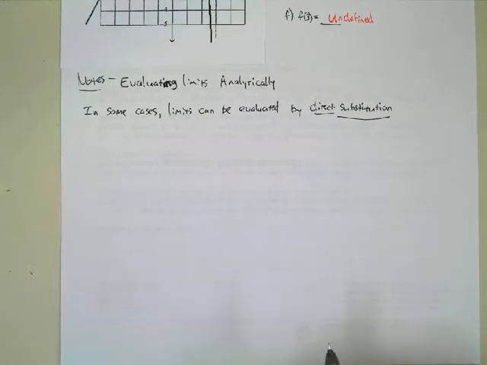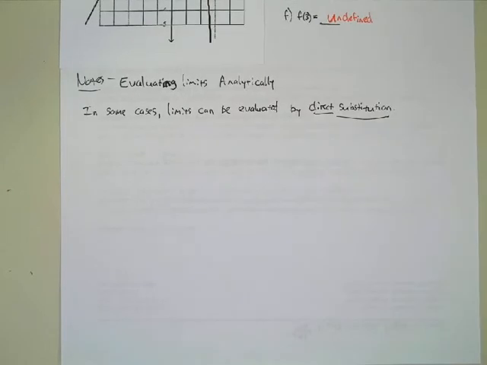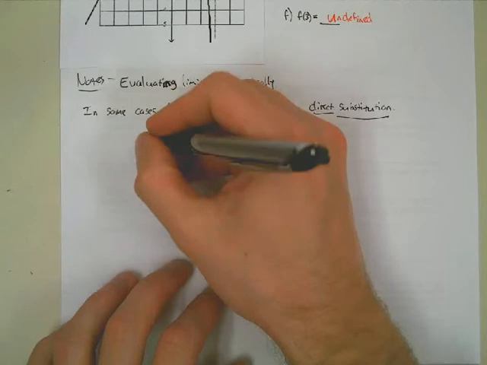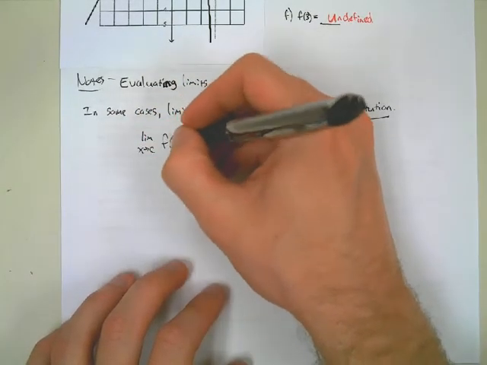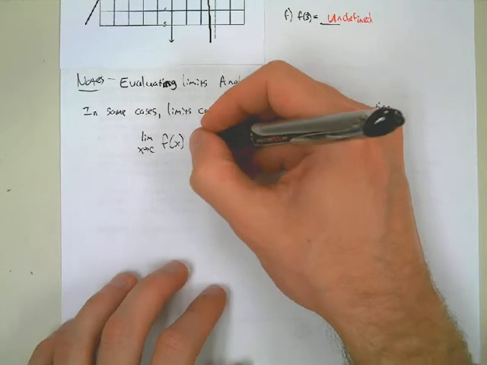Maybe once you see it, it'll make sense. This is what Don was talking about last time. Direct substitution. In fact, the limit as x approaches c of f of x does equal f of c.